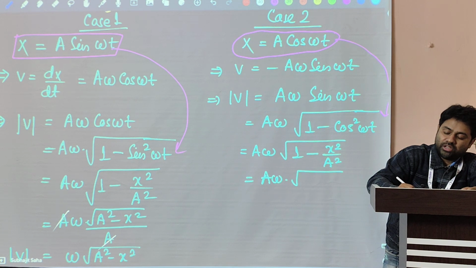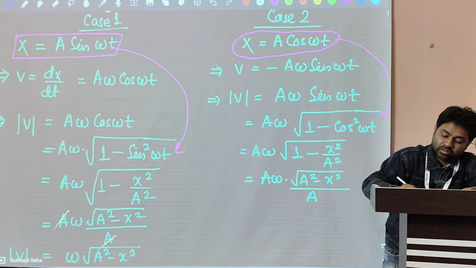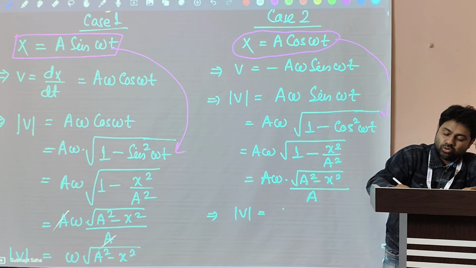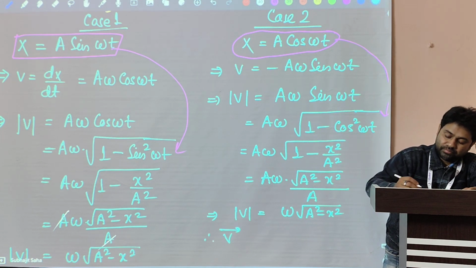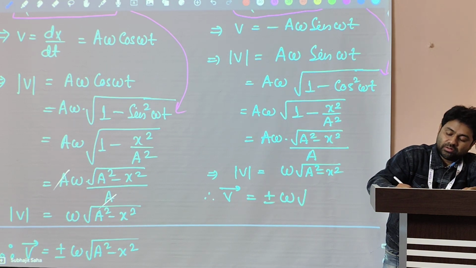A omega root a square minus x square by a, the a cancels out again. So mod v equals omega root a square minus x square. So the vector form might be both positive and negative.